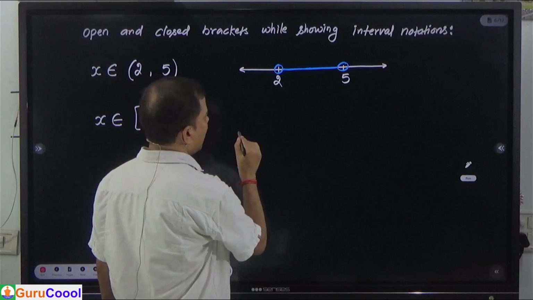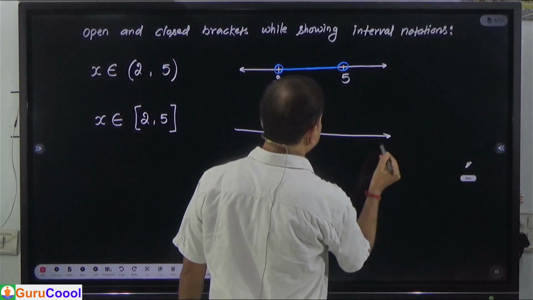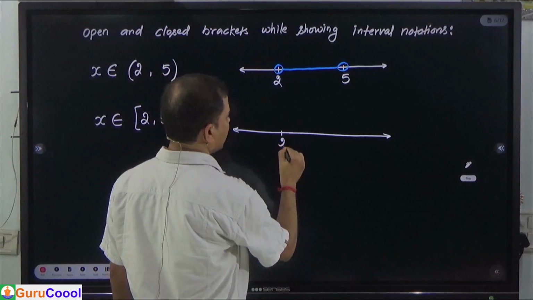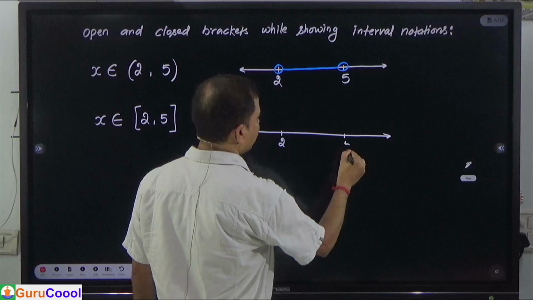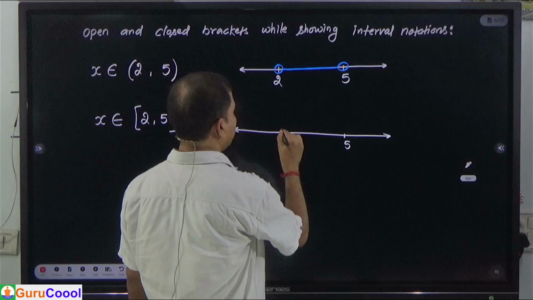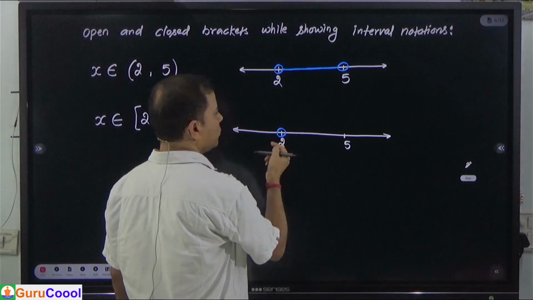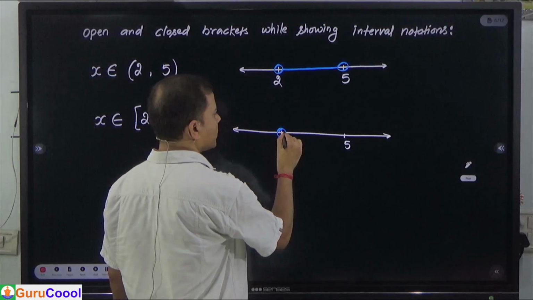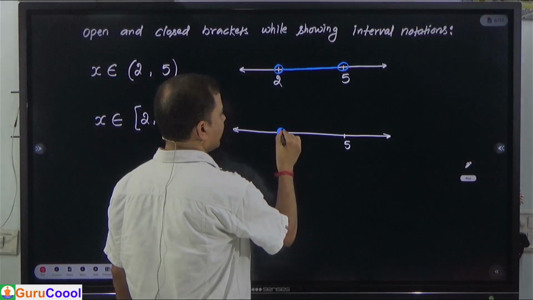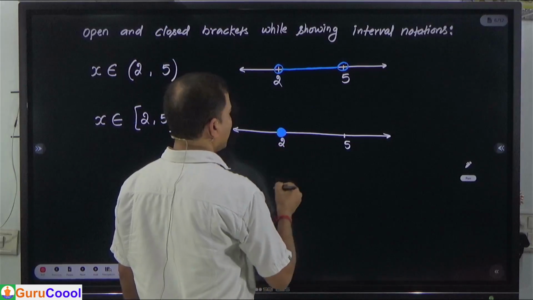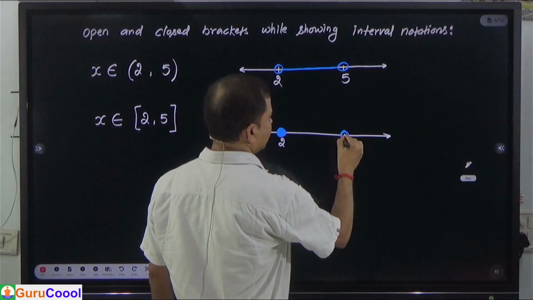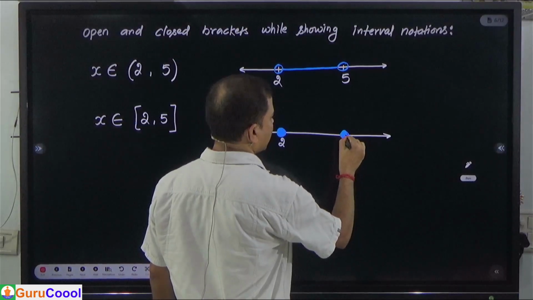If I make another number line to represent this interval, let's say here is number 2, here is number 5. This time it is closed interval. That means X is equal to 2. So I'm making a closed circle. And X is also equal to 5. So closed circle.